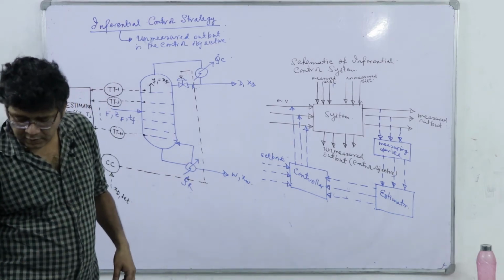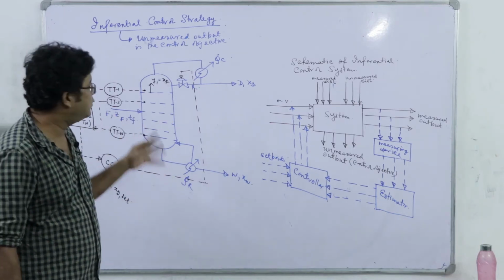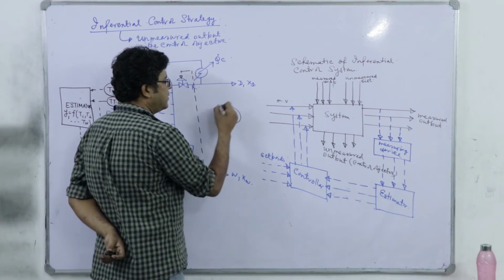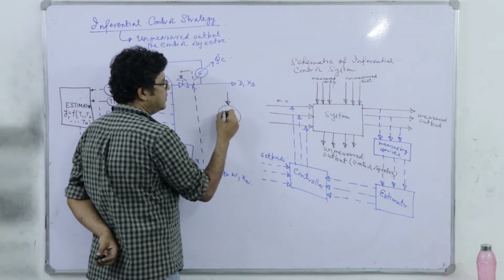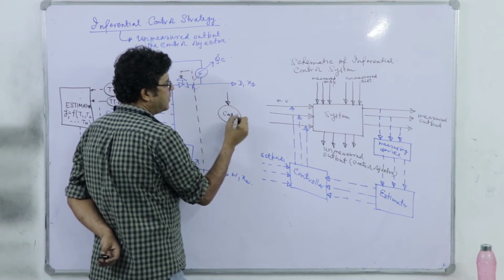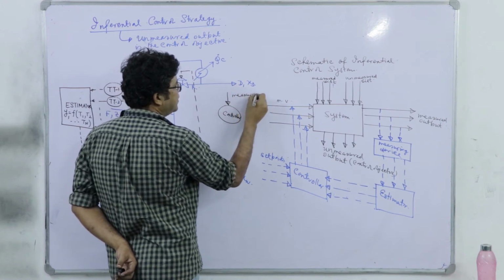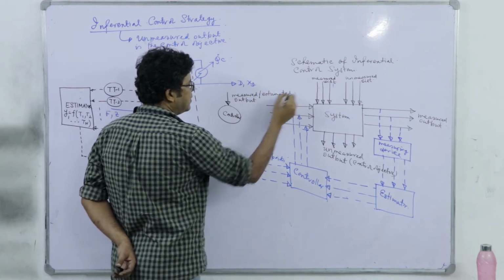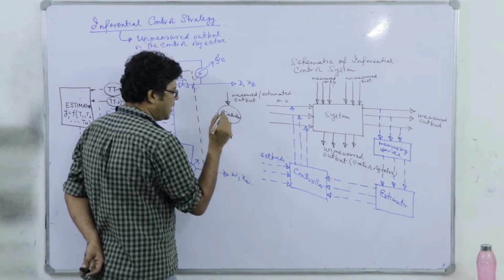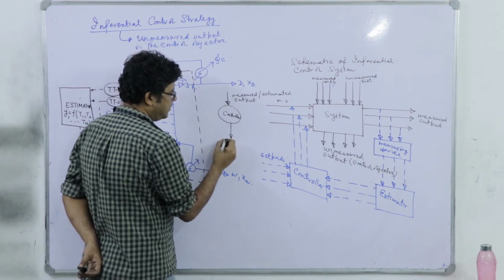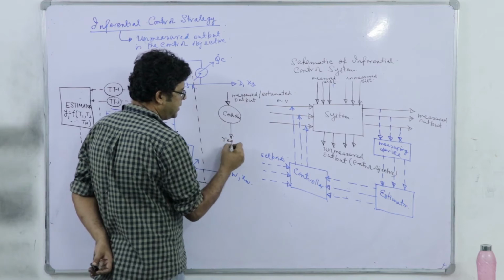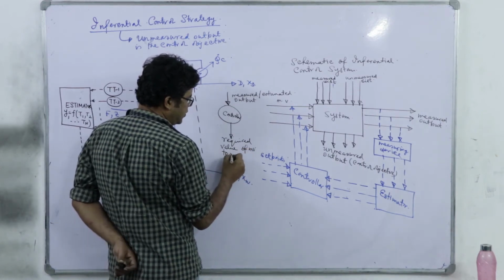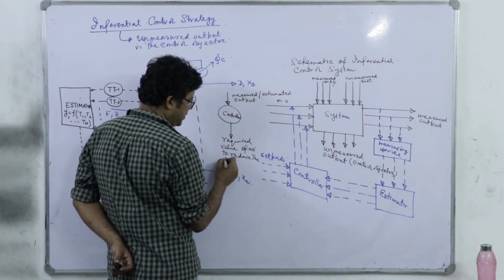Right. Now, in all this, starting from feedback to feedforward to inferential, what we need actually: the controller receives the measured output, or measured or estimated output, and delivers the required value of the manipulated variable to reduce the error to 0.